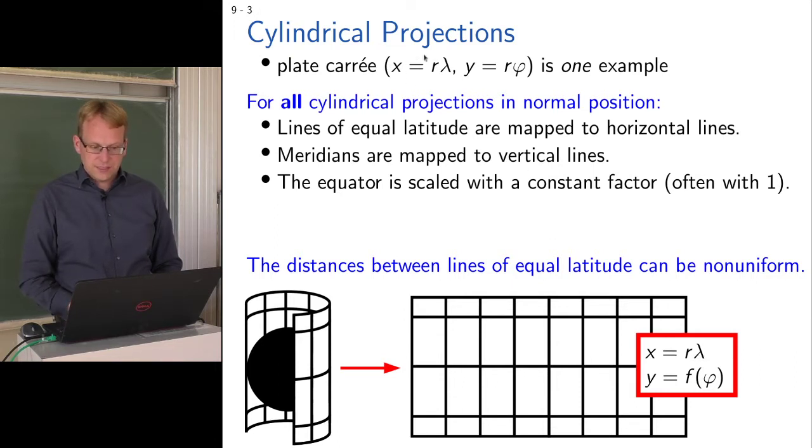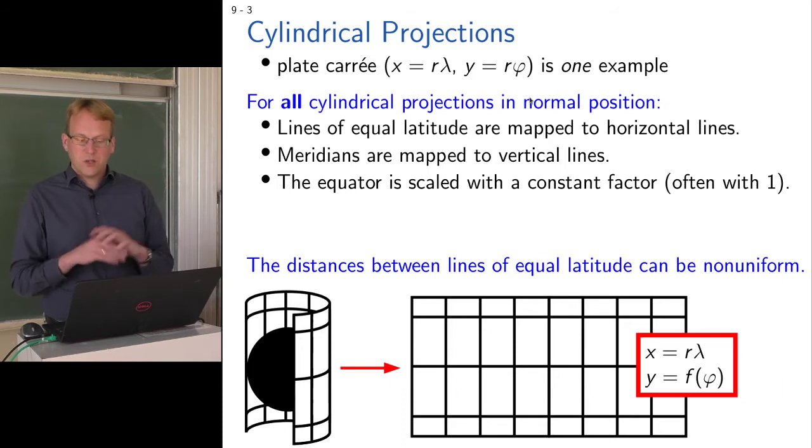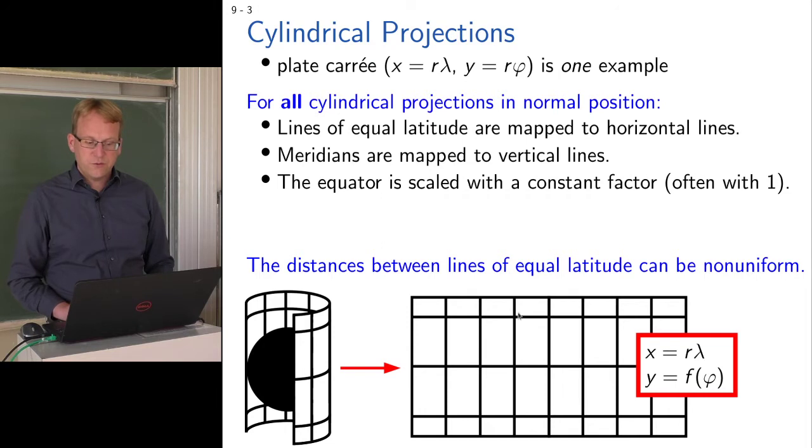That is of course the case here with the Plate Carrée projection. And then second, we have y equal to some function f of phi. And this function f of phi could be just r times phi as in the Plate Carrée projection, but it could also be some more complicated function, for example representing this non-uniform spacing of these horizontal lines.